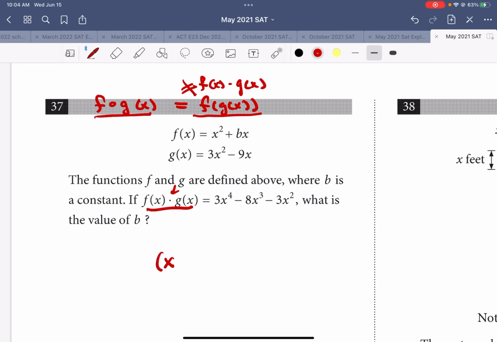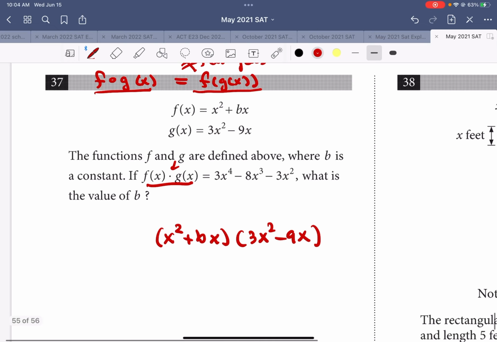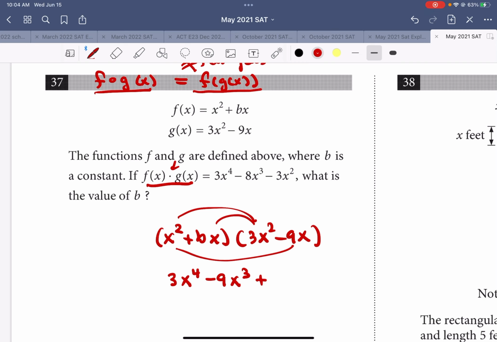So when you multiply x squared plus bx and 3x squared minus 9x. So let's multiply f of x times g of x. I'm FOILing. So 3x to the fourth power, outer term, minus 9x cubed, inner term, plus 3bx cubed, last term, minus 9bx squared. So I notice only one x squared term, this one. The other terms don't have an x squared term.